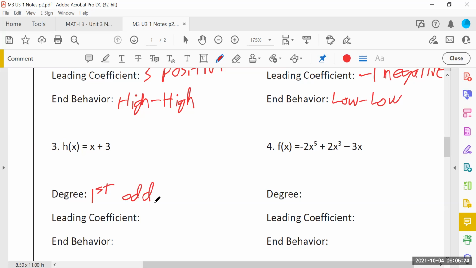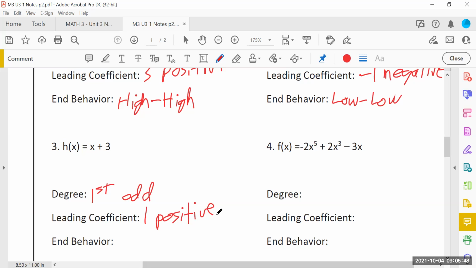So odd degree, leading coefficient. It's 1, right? There's not a number out in front, but we can assume it's a 1. So leading coefficient, 1. Is that positive or negative? Positive. Now, everybody, the trick with today's lesson is remembering which thing you're looking for.